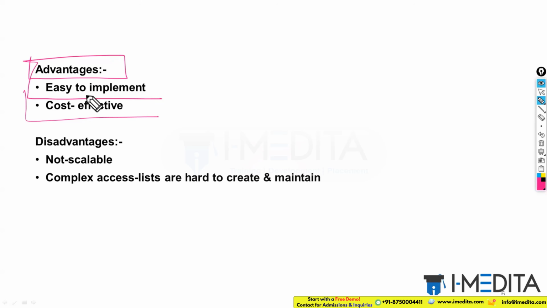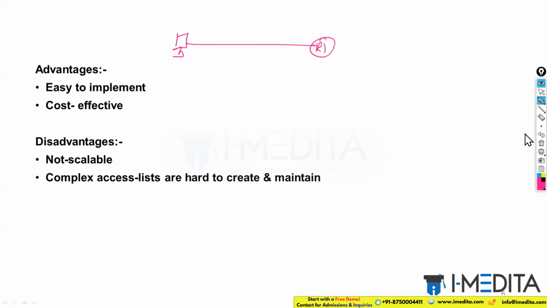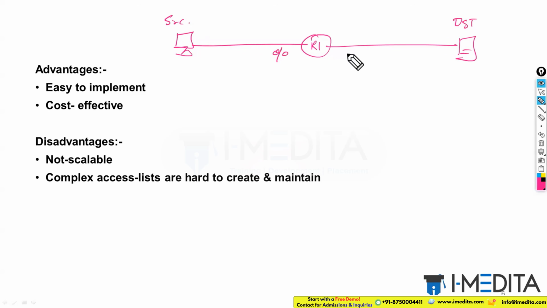How can we say it is easy to implement? Let's understand it. We have a PC connected to a router, and the router is connected via a switch to a server. The PC is the source, the server is the destination, with interfaces 0/0 and 0/1, in and out. A packet comes in at 0/0 and goes out from the other interface.